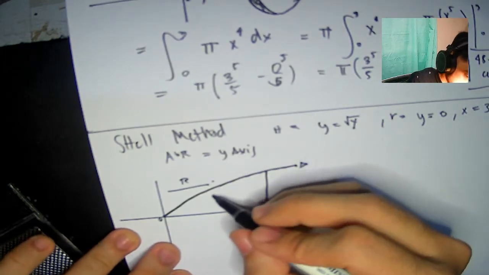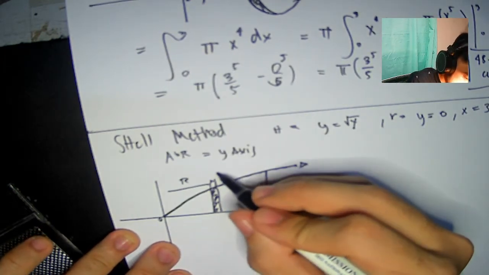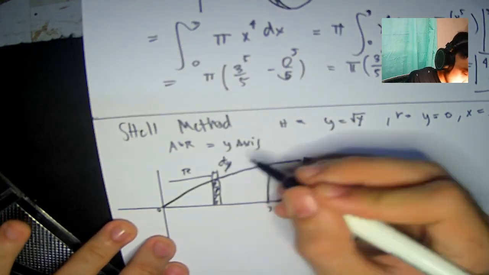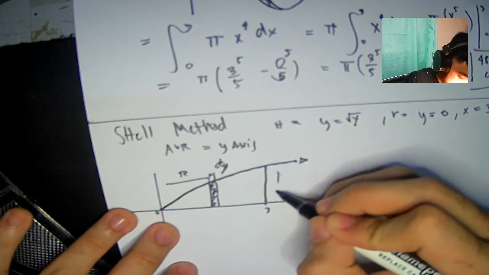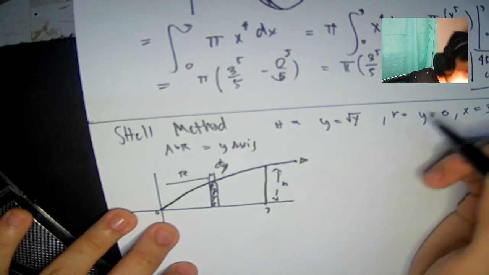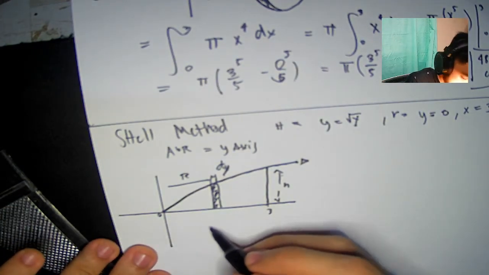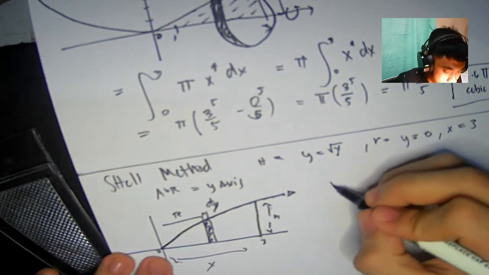Here, let's have dy. So this is our height. So this is our x.